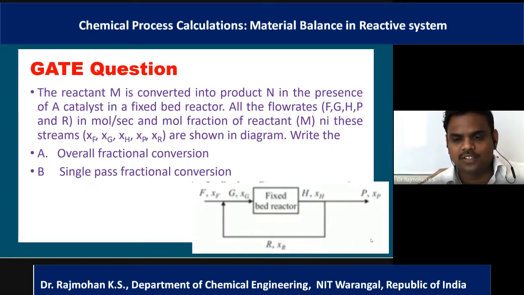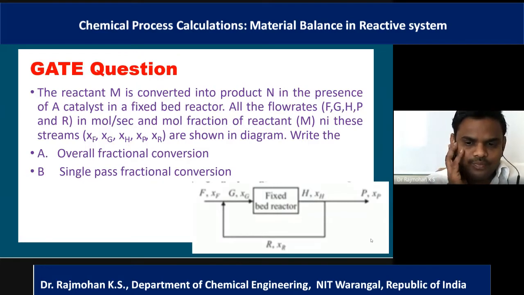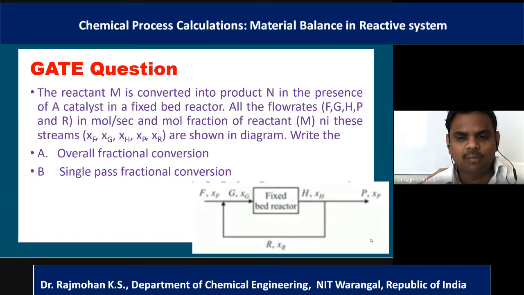And we have a net product stream where P is the flow rate, and the mole fraction of reactant M in this net product stream is XP. And we have a recycle stream where R is the flow rate, and the mole fraction of reactant M in this recycle stream is XR. So this is the data given.